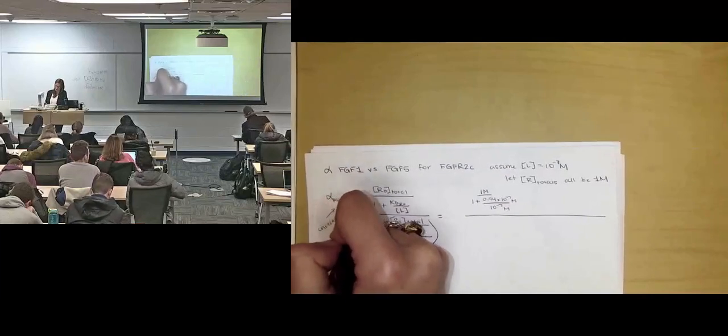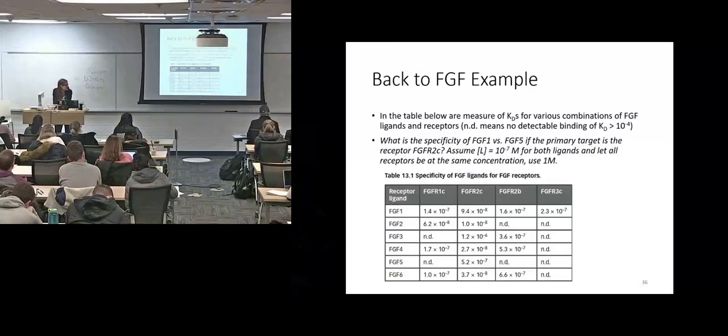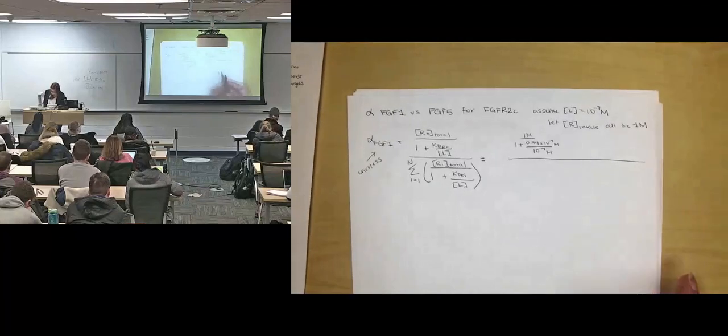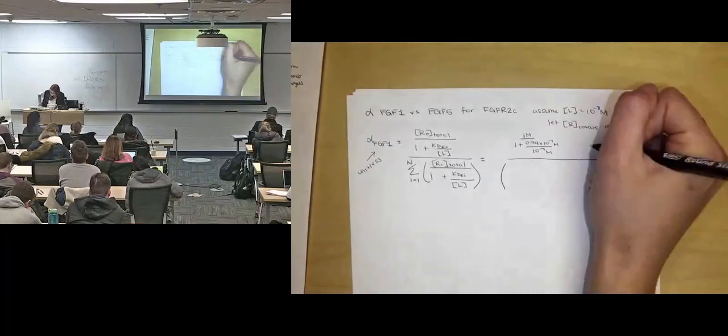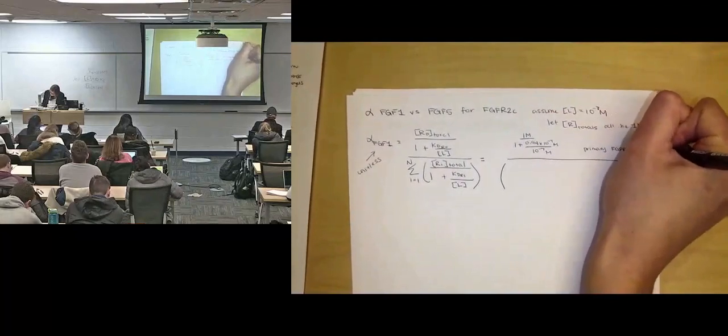Okay. And then on the bottom, we have all our other receptors. Okay, so I put this one on the top. We don't include it on the bottom. We just include our 3 off targets. Okay. So remember, this is primary, this was FGFR2C.